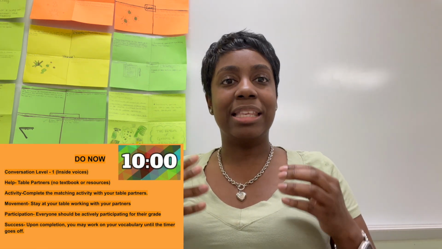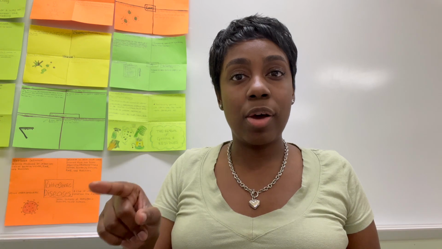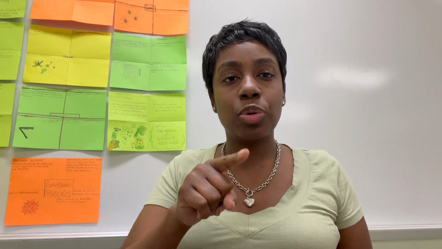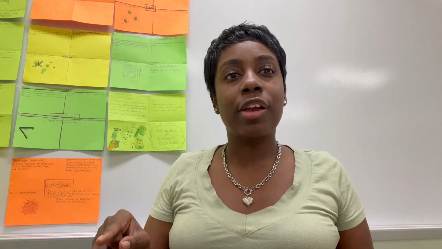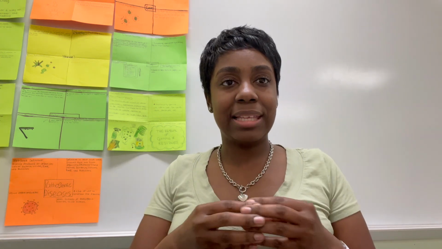Give them exactly what they should do, what it should look like, and then what they should do when they're done. So all of these details, along with a timer, and as well as you moving around the classroom actively monitoring as they are working on their activity, is what leads to a successful class period or a successful activity.